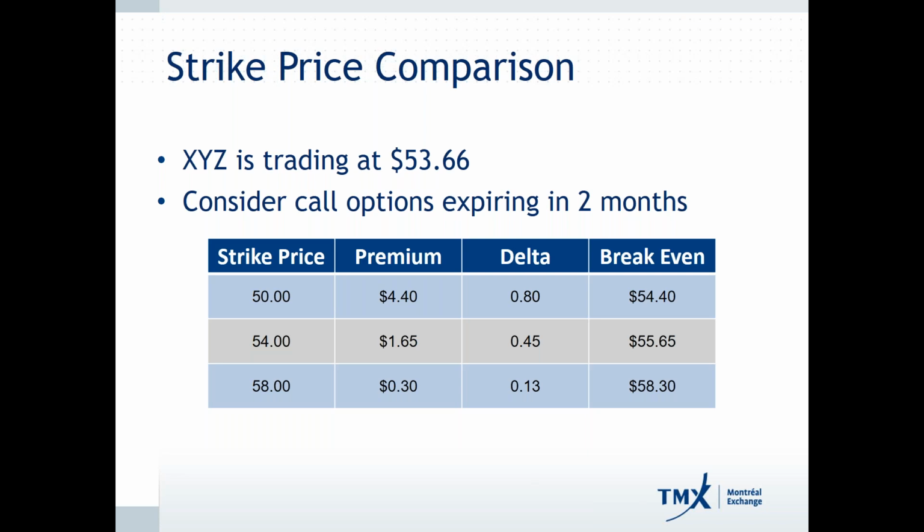Now, notice though, the one that naturally attracts speculators is that $58 one. The $58 call, giving you the right to buy this $53.66 stock at $58, is only trading at 30 cents. And someone immediately is thinking, my goodness, I could literally buy 15 call options for the price I pay for one call option at the $50 strike.